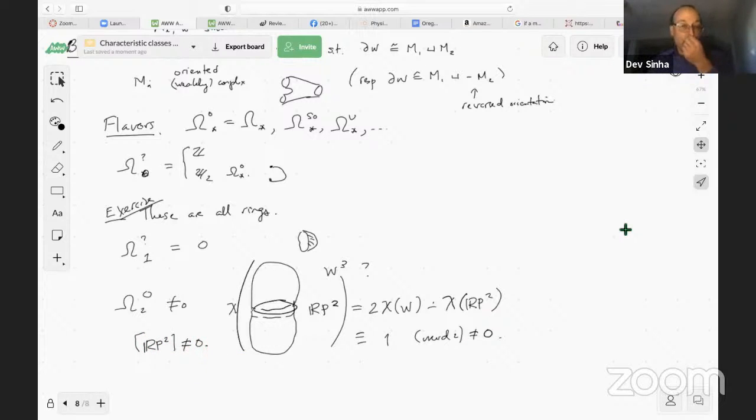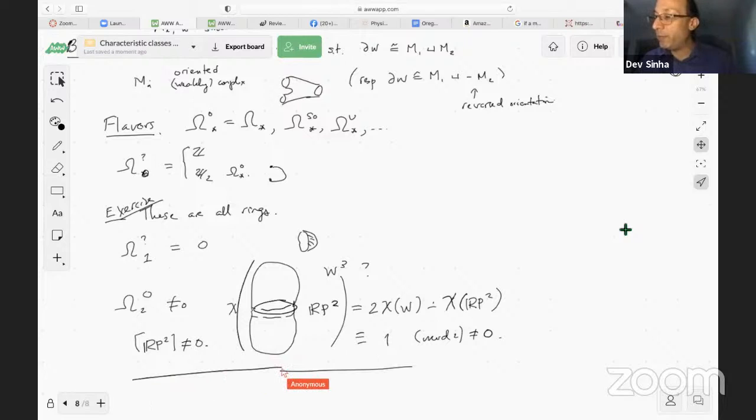So that's an ad hoc argument, and then you might want to have a more systematic way to tell Bordism classes apart. And in fact, the machinery that we've set up and the perspective that we have are perfectly suited for that.